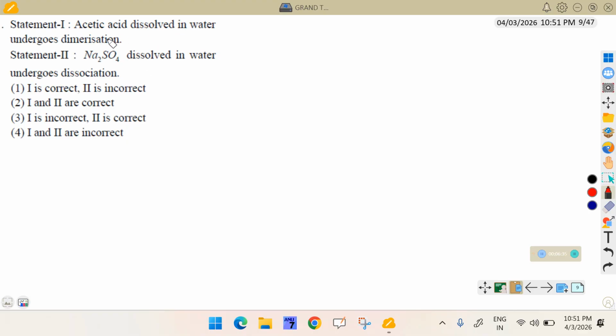Acetic acid dissolved in water undergoes dimerization. Wrong. Acetic acid dissolved in benzene undergoes dimerization.